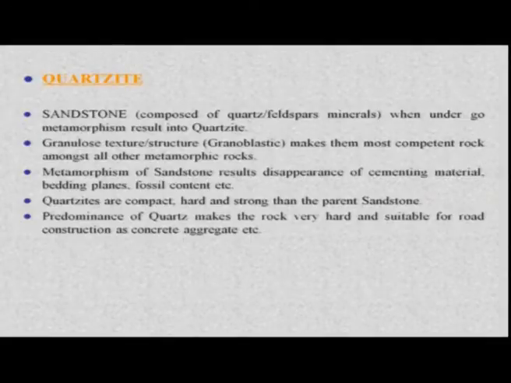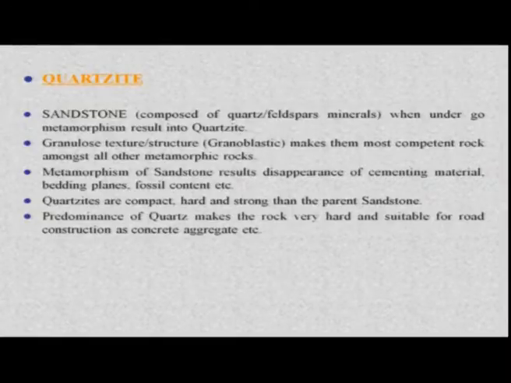Now if you look at nowadays, most of the quarrying is of gravels from the older river beds, and in Punjab and all that, they are mostly using quartzitic pebbles. They are breaking them into aggregates and using those aggregates for the construction of roads and all that.